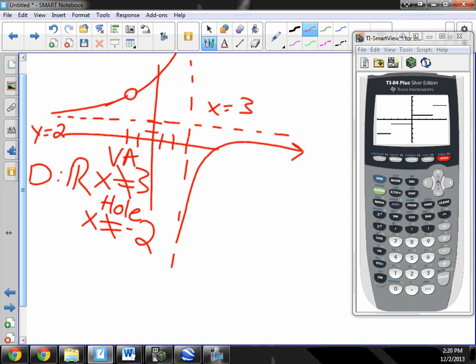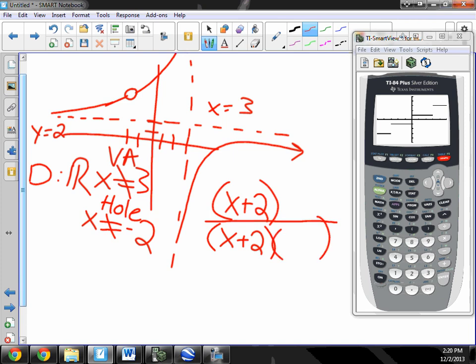The factors canceled. So whatever this equation is, it has an x plus 2 in the bottom. Okay? And it also has an x plus 2 in the top. And what else does it have in the bottom? An x minus 3. And then it could have more things on top. We don't know.